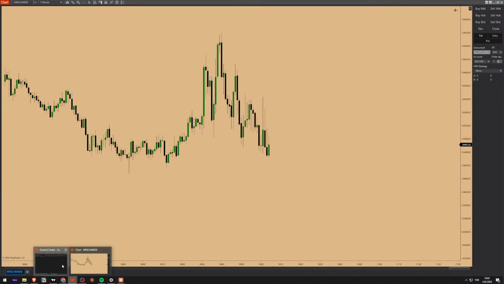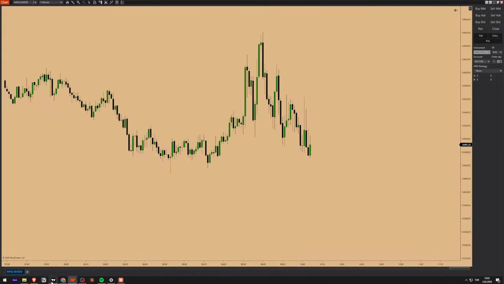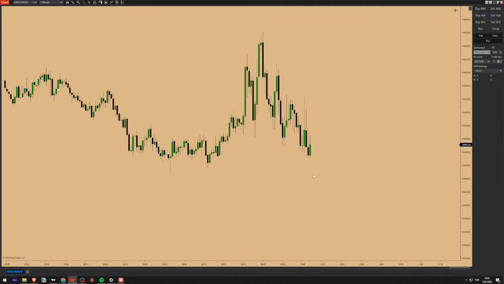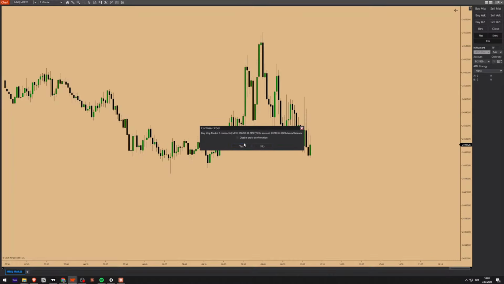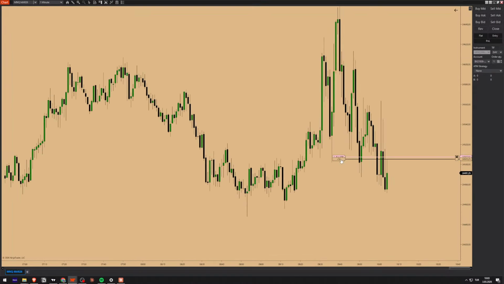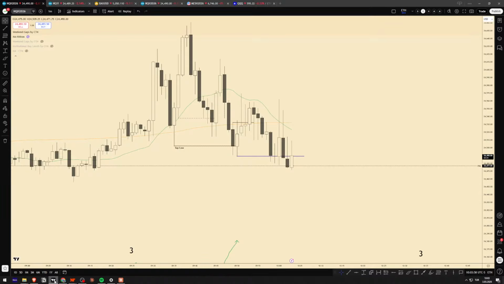Oh, this is very interesting. Price didn't take the stop loss, but closed the position. This is weird. Nevertheless, it doesn't matter. I will put my buy stop order here. Sometimes Rhythmic just sucks like that.